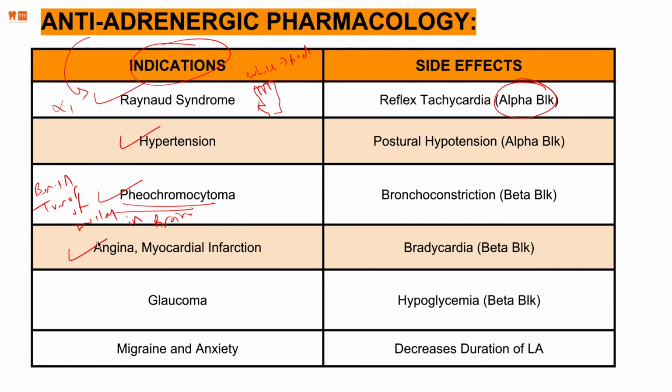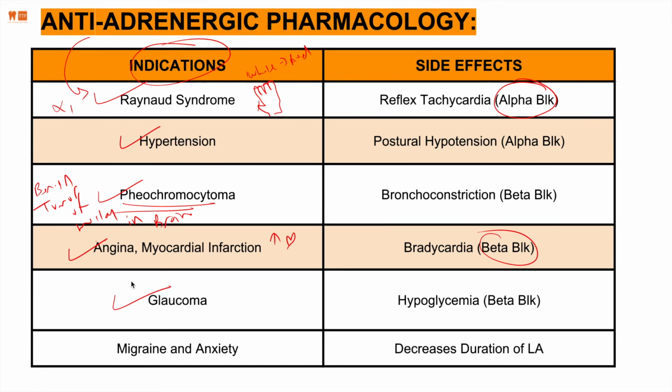Treatment of angina and myocardial infarction. This is when we don't want increased heart activity. When there's too much heart activity, there's a lack of blood supply, right? We can't have this. That's when beta blockers are used.